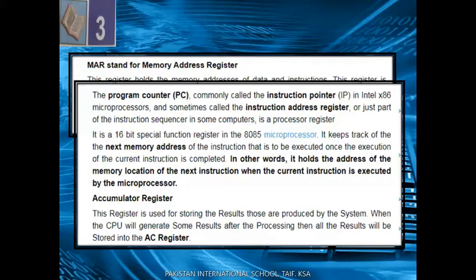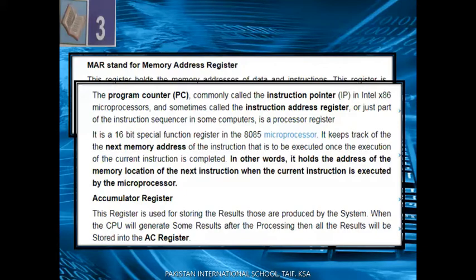Contents of PC are loaded into MAR to fetch an instruction from memory. After fetching an instruction from memory, the PC is incremented by 1 to point to the next instruction to be fetched.